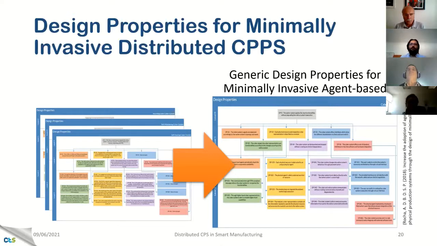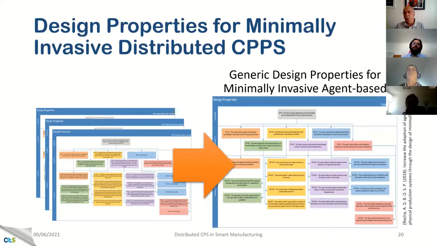So based on these experiments, we used some ideas from axiomatic design approach, and we built a tree of functional requirements that we should follow in order to design these cyber systems.